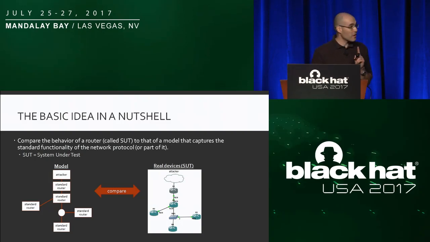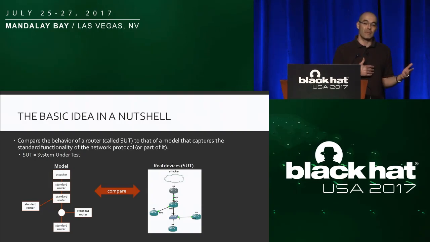Okay, now notice that in both networks we have an entity called an attacker. The job of this attacker is to send a sequence of protocol messages to the rest of the network. This attacker drives different behaviors of the network.